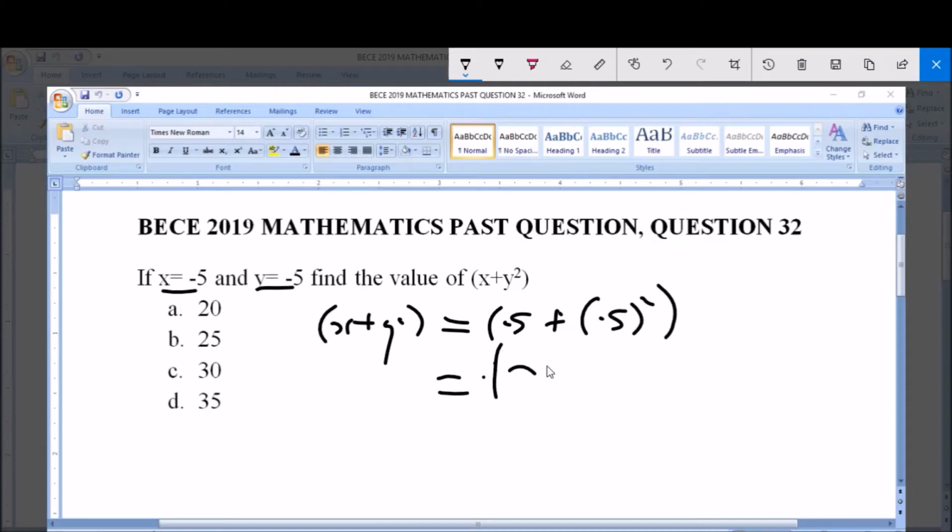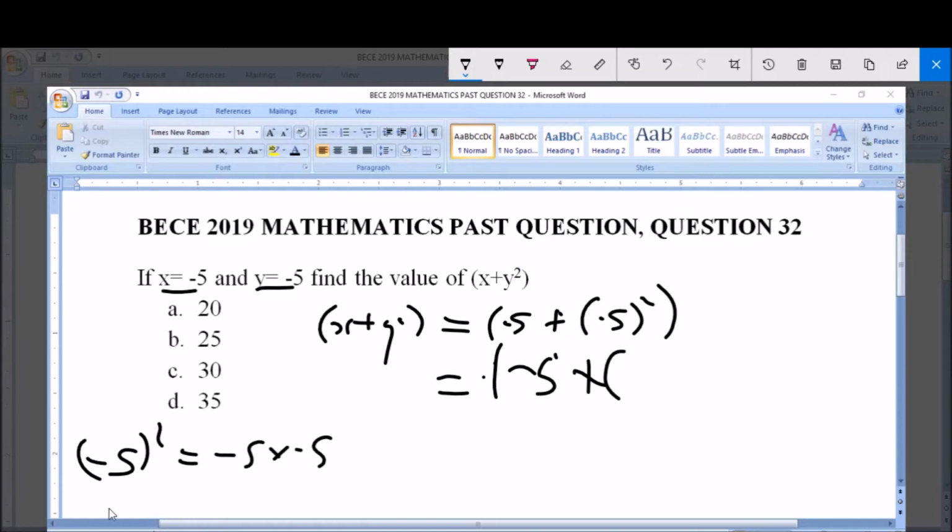Now this is equal to open brackets minus 5 plus, now minus 5 square will give us what? Will give us 25. Like we know, minus 5 square simply means minus 5 times minus 5.